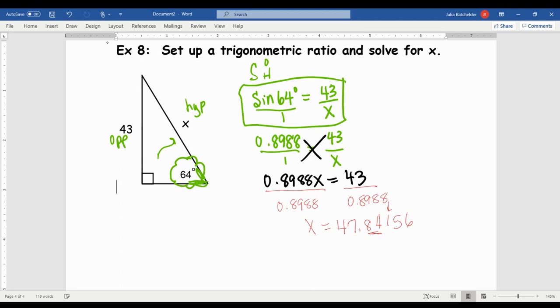I look at the 1, not enough to bump me up. So x is 47.84. Final answer. Okay? So whether you end up with an x in the numerator or in the denominator of your fraction, you should be able to deal with the practice problems that are coming up. Okay? Good luck with those.